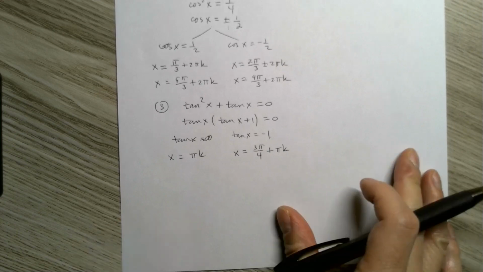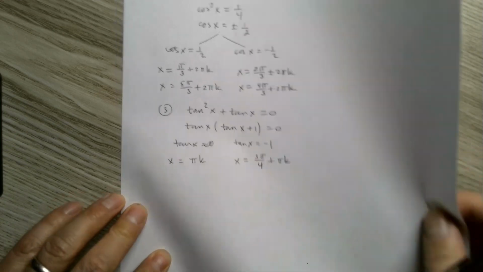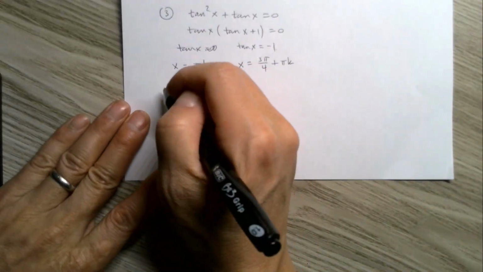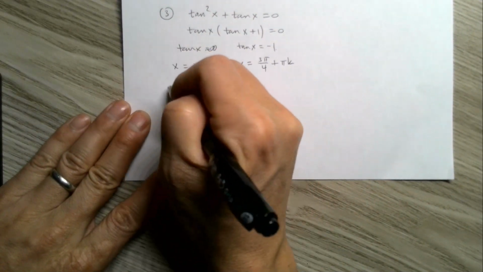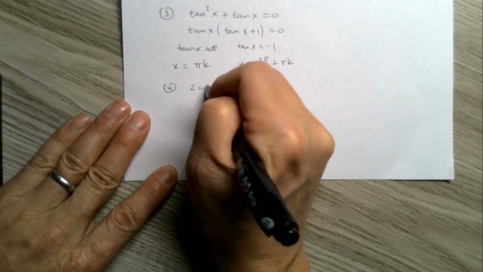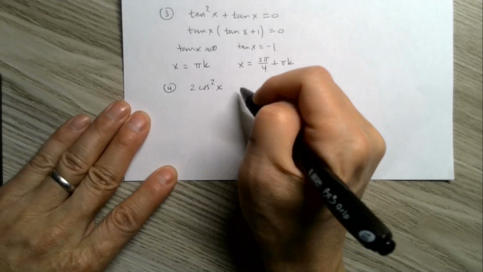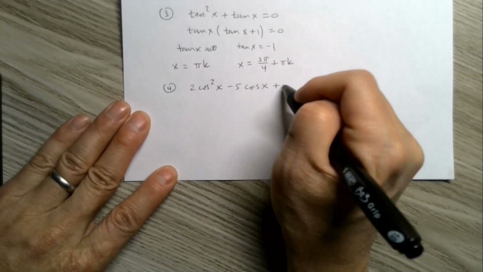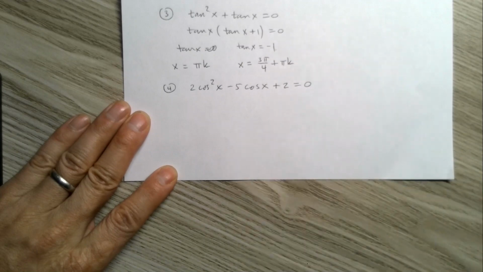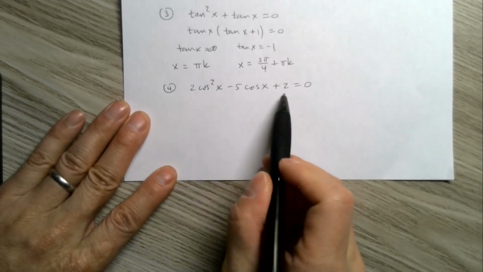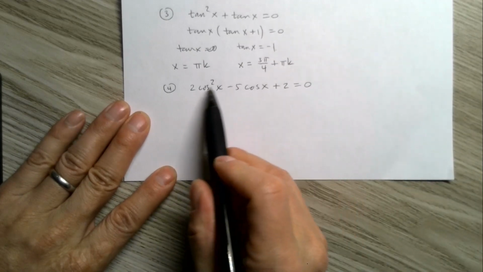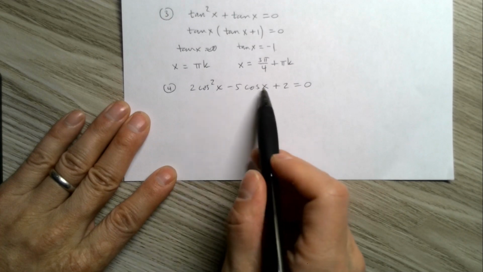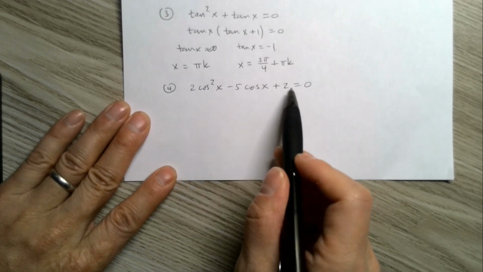Okay, on to another factoring one. Two cosine squared x minus 5 cosine x plus 2 equals 0. Okay, this is a trinomial. The first term has cosine squared in it, the second one cosine, and the third one is a constant.